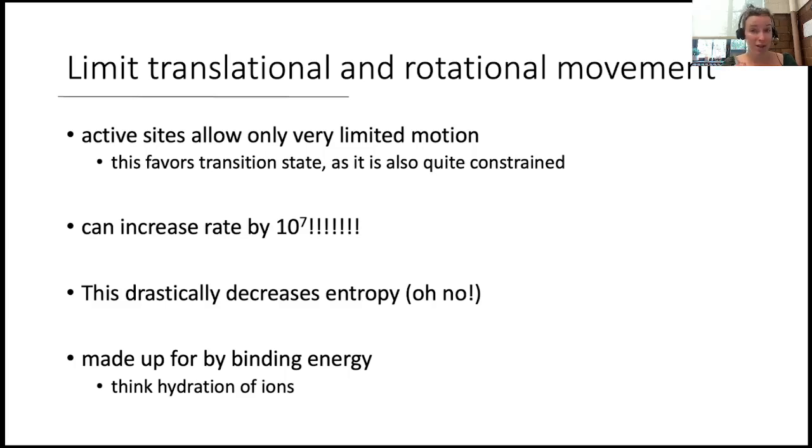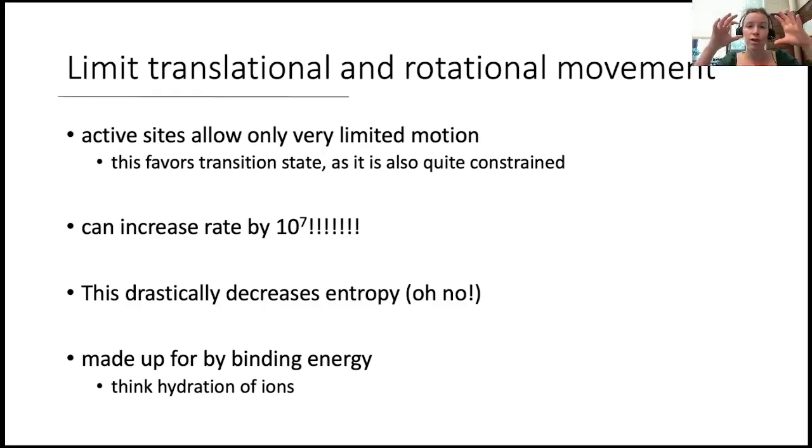Most importantly, though, these substrates are being bound within the active site, right? We have the catalytic site, but we also have the binding site. The binding site is critical for limiting translational and rotational movement. So what do I mean by this? We mean that the substrate is not moving back and forth, bouncing around, and it's also not rolling around, right?